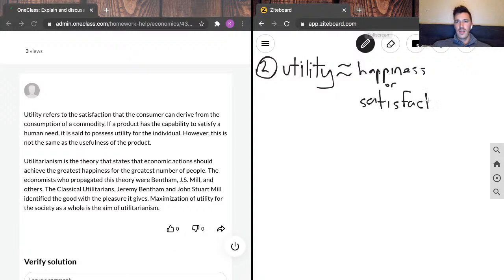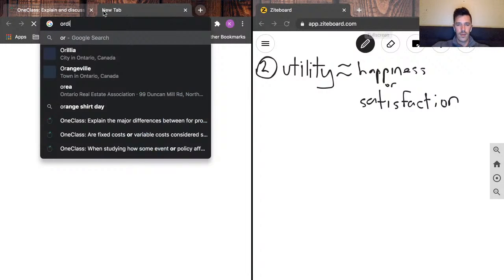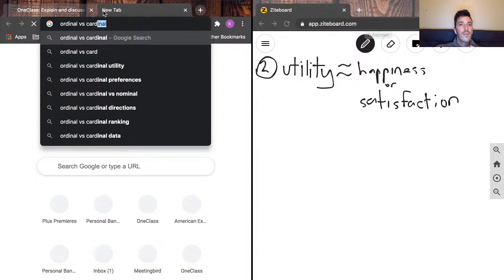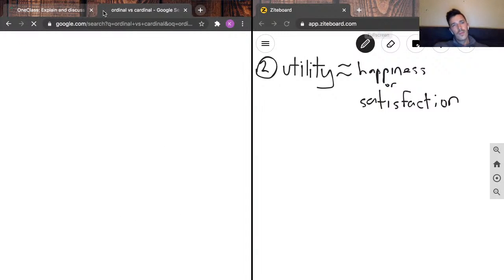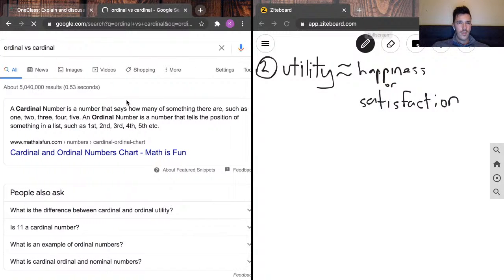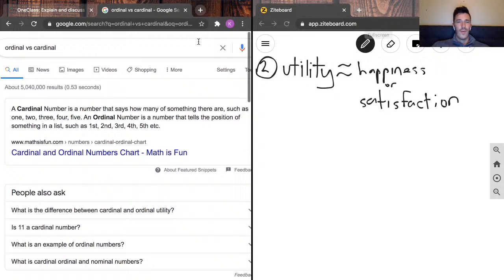And utility is ordinal, not cardinal. So let me just make sure I'm using that right. Right, so just to elaborate on that really quickly, a cardinal number is a number that says how many of something there are, such as 1, 2, 3, 4, 5.